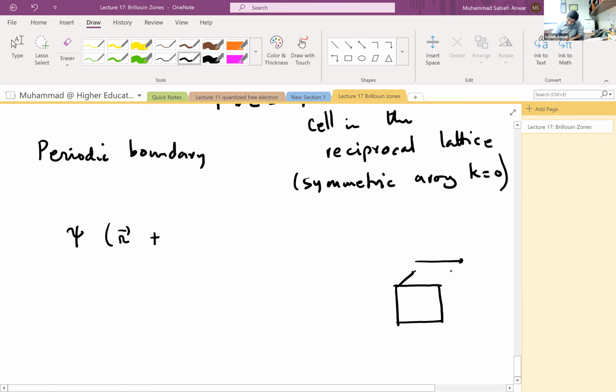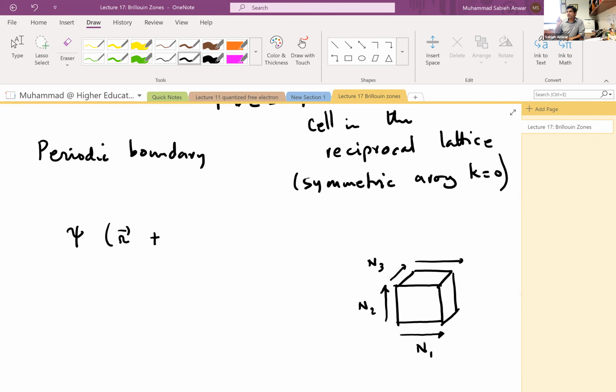This is the real solid in the direct space. So there are, suppose, n1 translations as you go from one left end to the right end. And there are n2 unit cell translations as you go from bottom to top. And there are n3 translations as you go from front to back. So n1, n2, n3 are the unit cell translations.